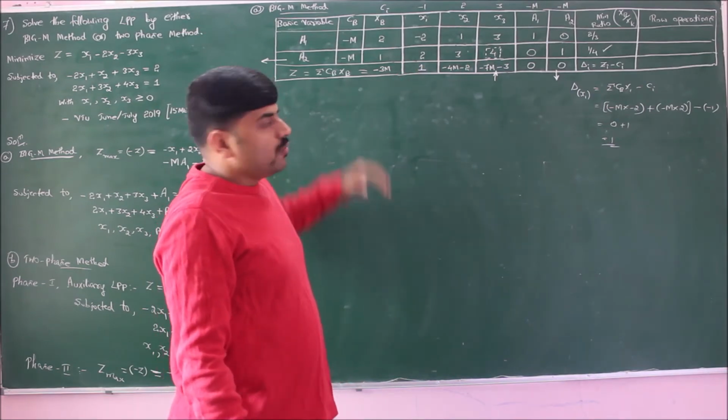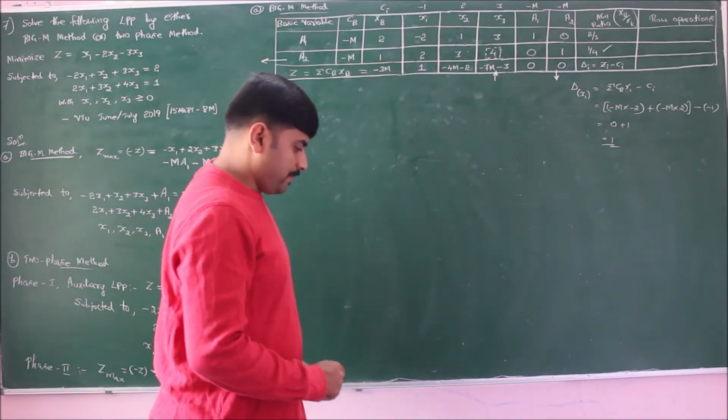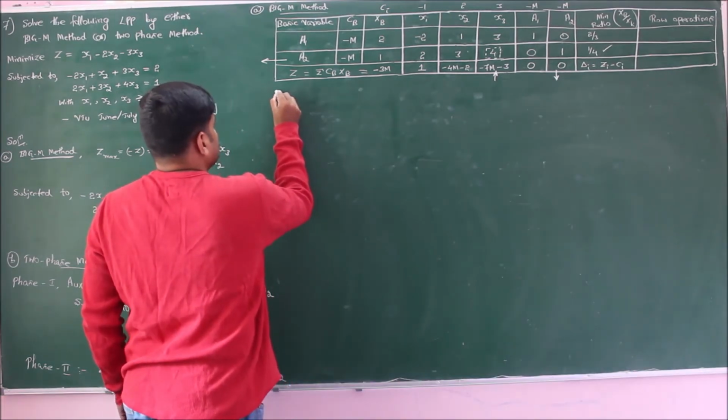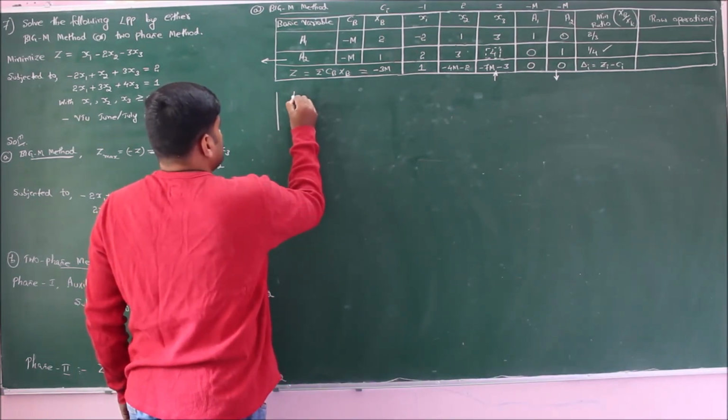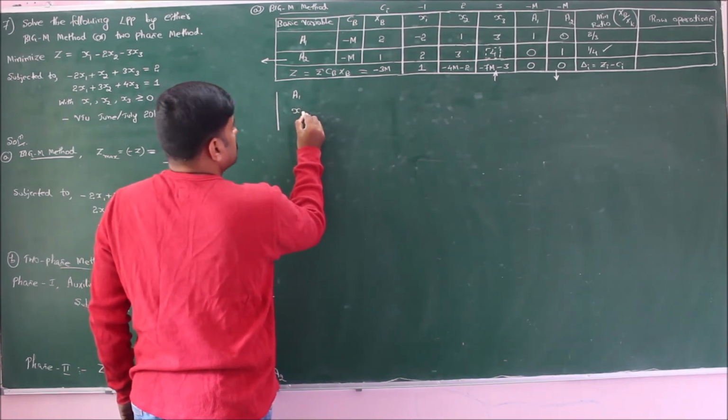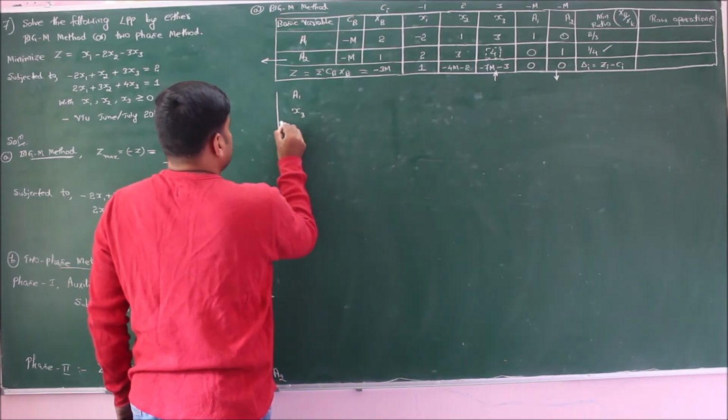So if I move to table 2, we have a1 unaltered, a2 is moved out of the matrix and x3 has entered the matrix.